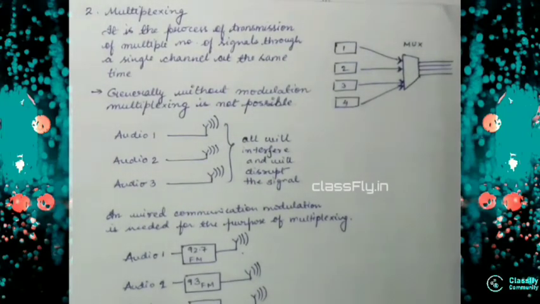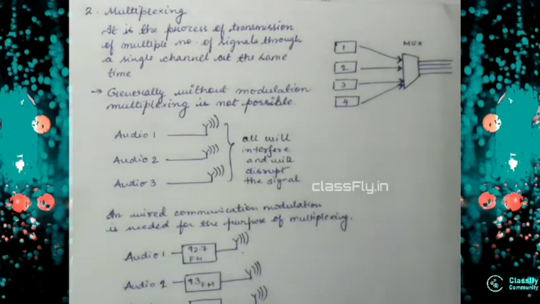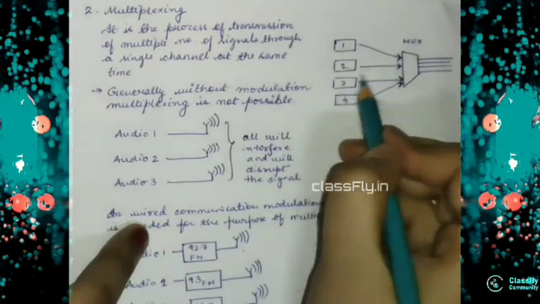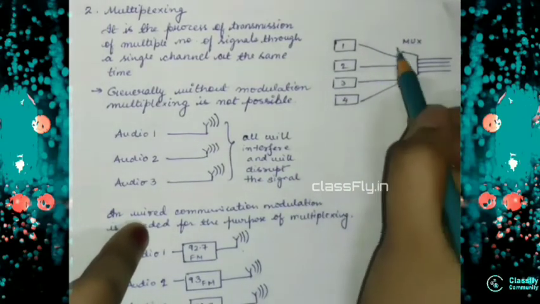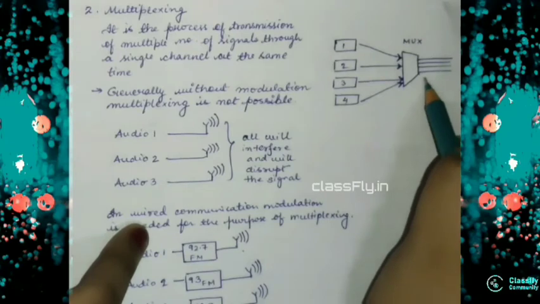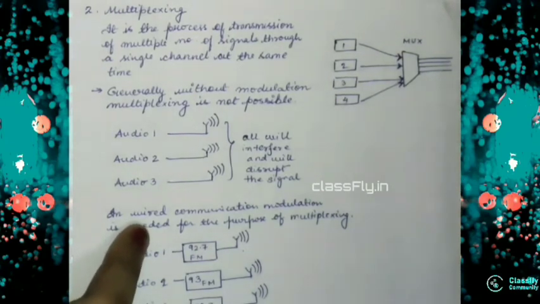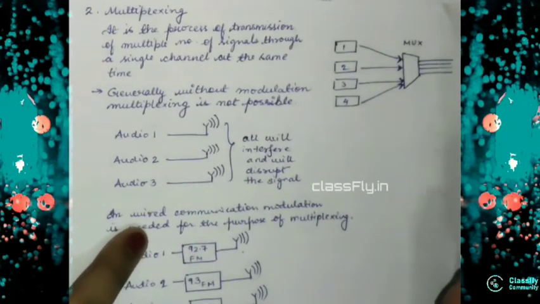So there will be a transmission of multiple signals, and we can't detect what people are talking about at the same time. If there are multiple signals and we are passing them through only a single channel at the same time, then it will be very difficult for us to detect who is speaking and what they are speaking.